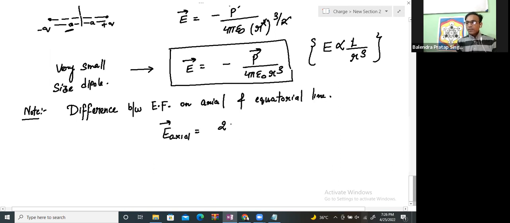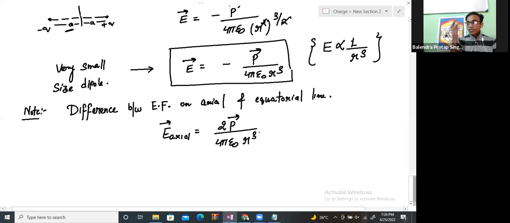Okay, so at the axial line, the electric field is defined as twice of vector p divided by 4 pi epsilon naught r cube. In this expression, I am using r cube because we can replace x by r. In derivation I chose x, but you can also choose r instead of x. And this is the expression for a small dipole.